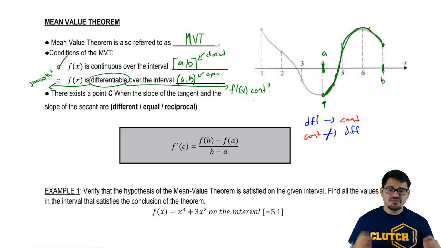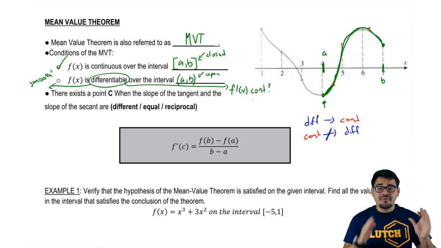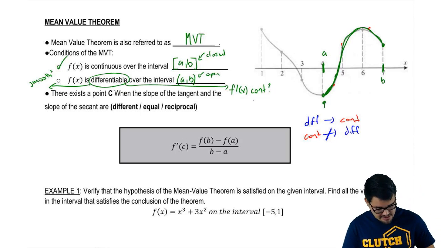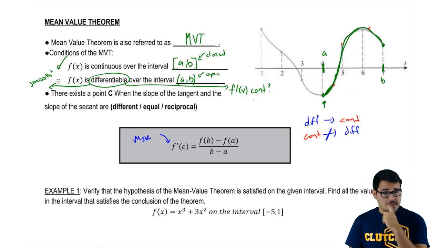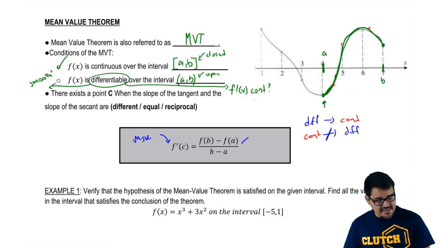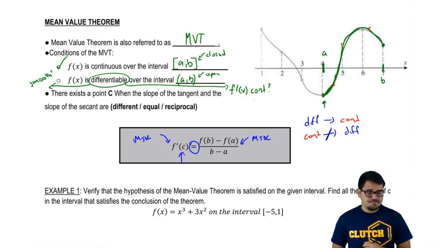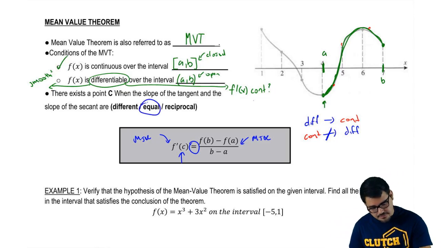The whole point is to find a point C where the slope of the line tangent, which is this right here, and the slope of the line secant, which is this right here, are equal. So equal.